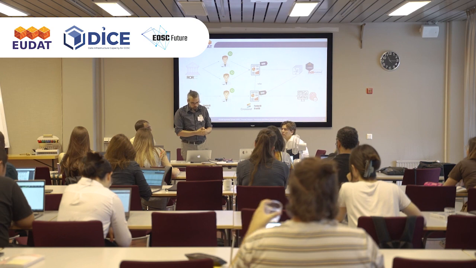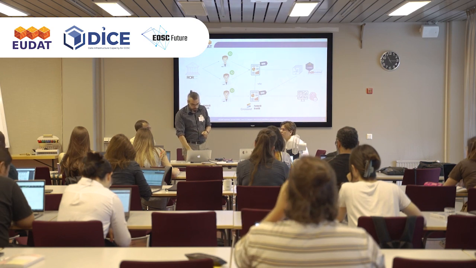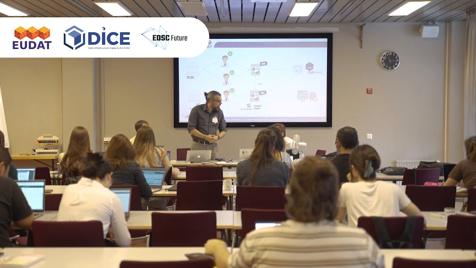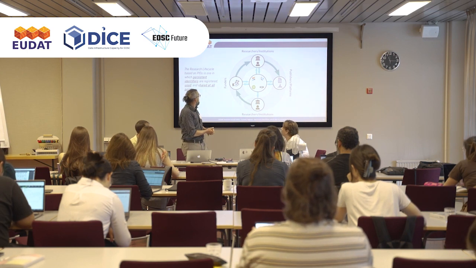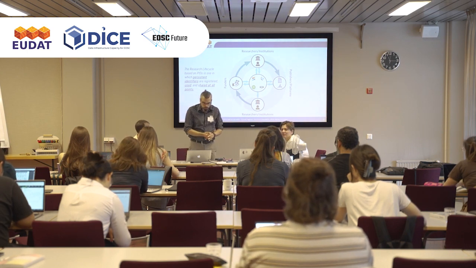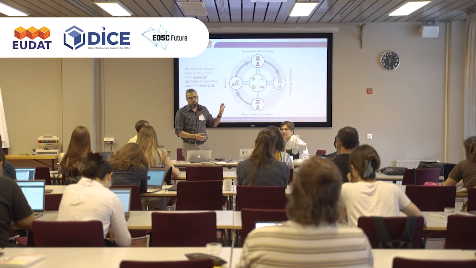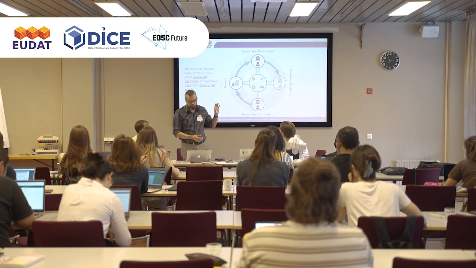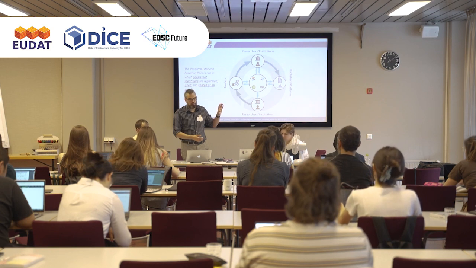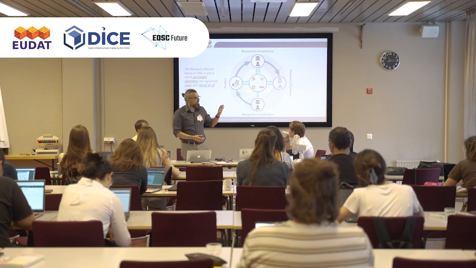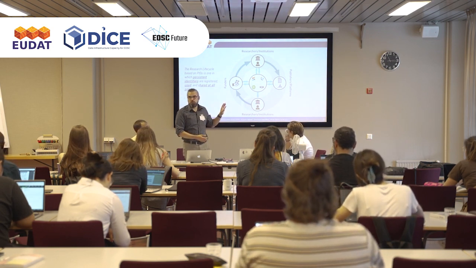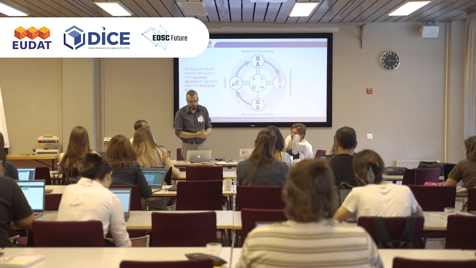I won't go into details, but let me say some words about the research lifecycle. Actually, a lot has been written about how an ideal research lifecycle and research data lifecycle looks. I won't judge which of these descriptions is the best.